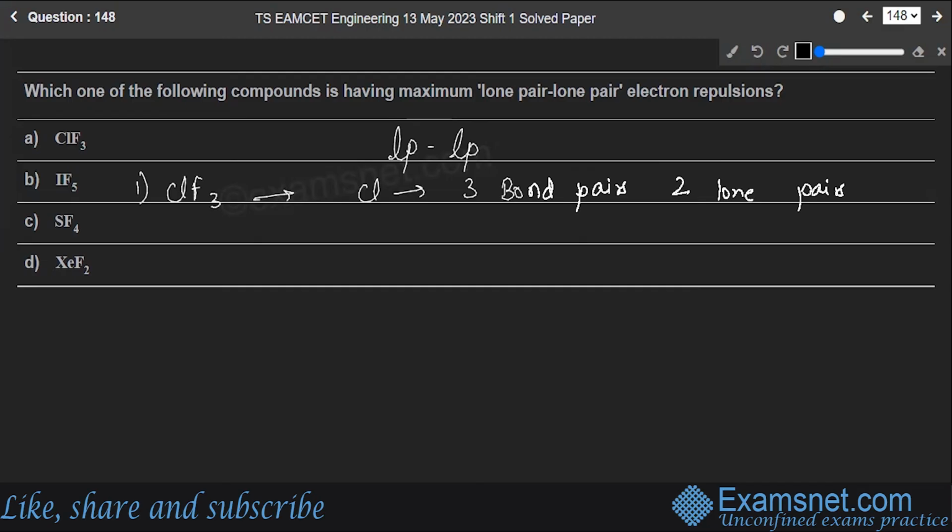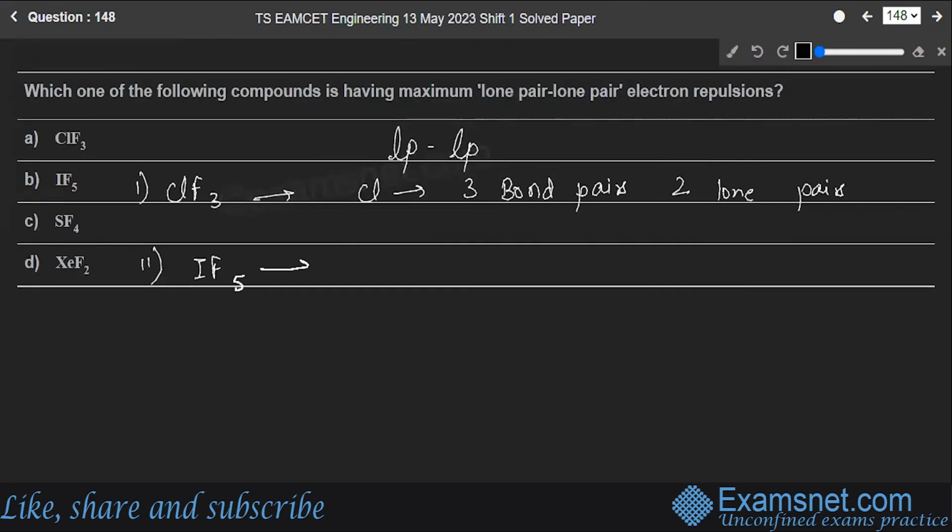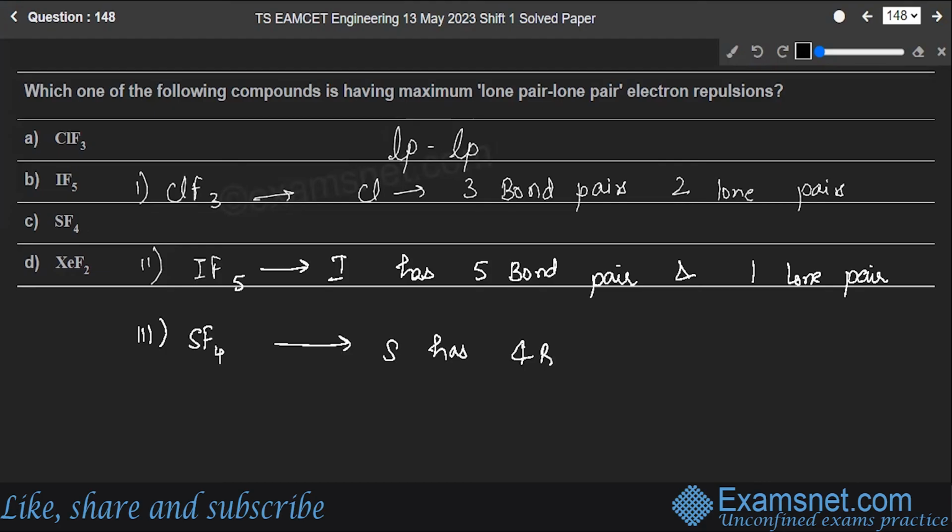Okay, that's the second one, IF5. I has 5 bond pairs and one lone pair. Then you have SF4. S has 4 bond pairs and one lone pair.